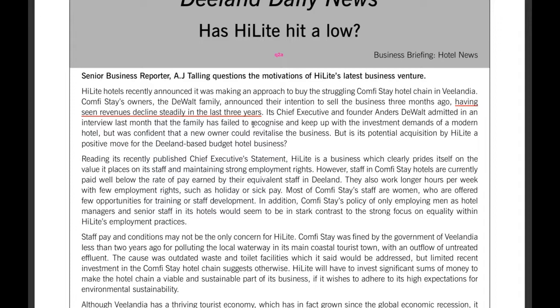That is the reason why they decided to sell. But is its potential acquisition by Highlight a positive move for the Vilandia-based budget hotel business? This is the question posed by this particular news.